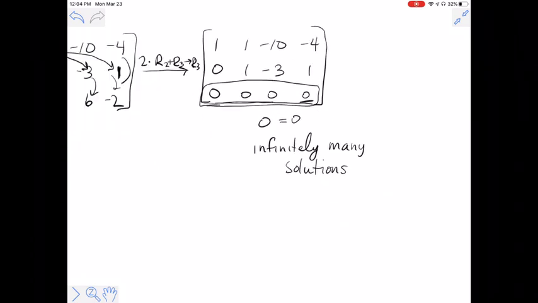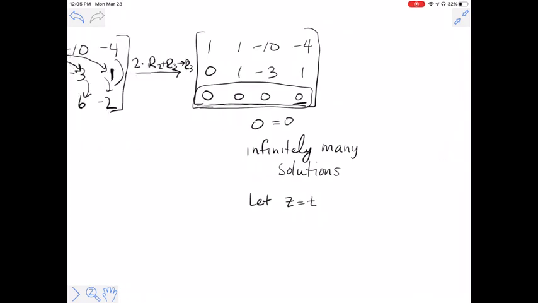And since we have 3 variables, x, y, and z, the convention that we talked about in section 5.2, when we're parameterizing variables, is to let z equal t. And then we go back up to this middle row. Now we're just backwards substituting like we did in all the other problems.